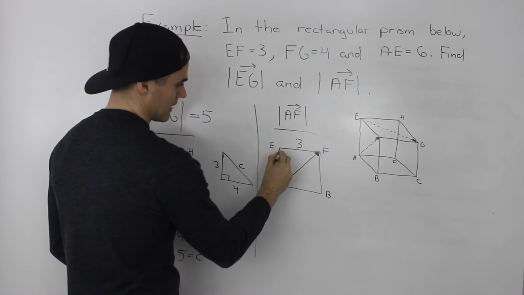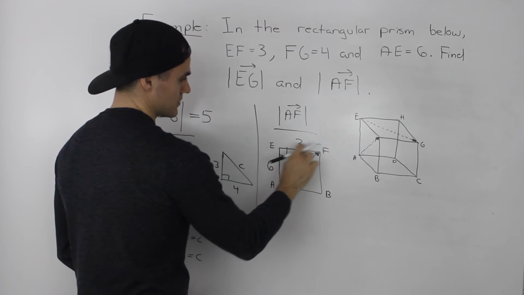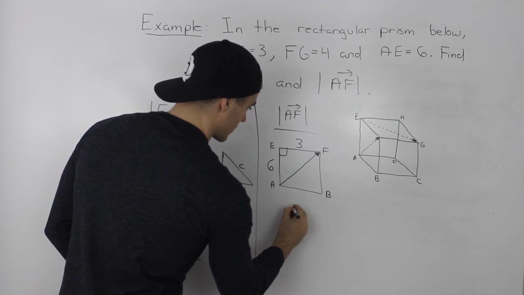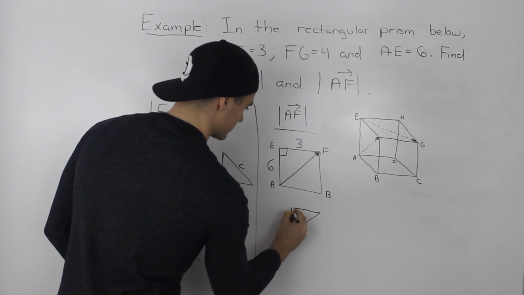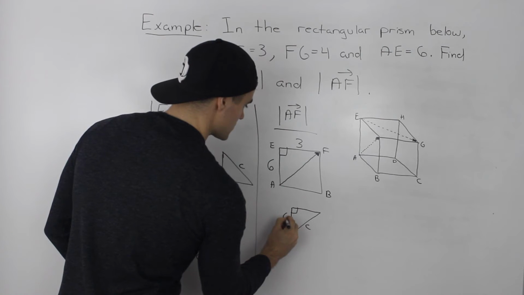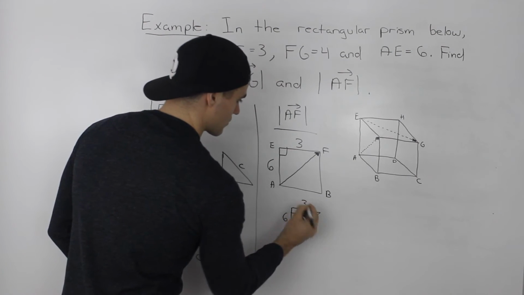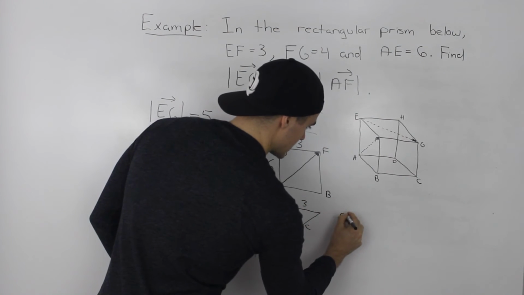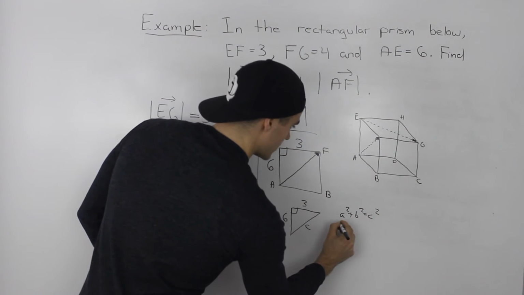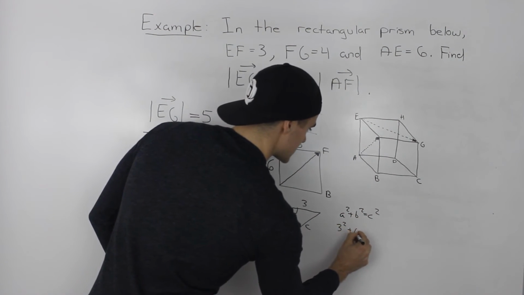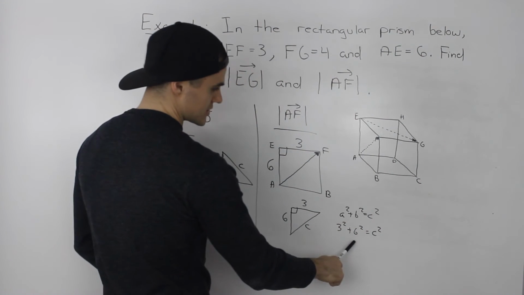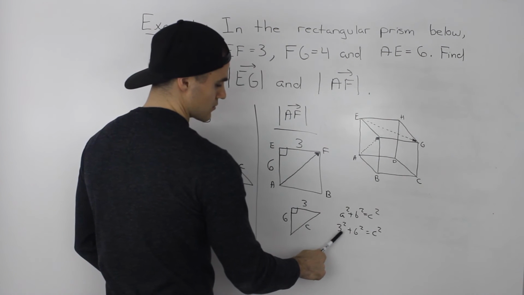So notice again how we can apply the Pythagoras theorem because it's a right angle triangle. So we have this triangle here. We're solving for C, the hypotenuse, and we have 6 and 3. So that means a squared plus b squared equals c squared. So 3 squared plus 6 squared is equal to c squared. 6 squared is 36. 3 squared is 9.